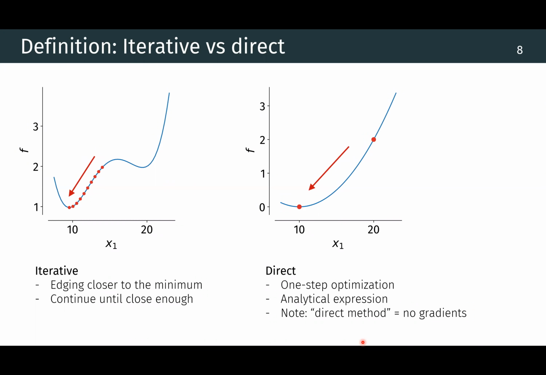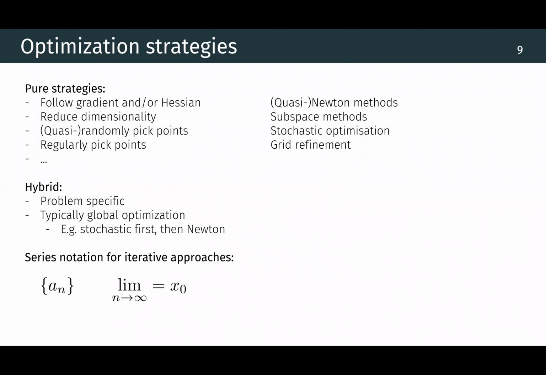All right, so let me start by briefly overviewing what kind of strategies there are. What do people typically do in order to minimize that? And the idea is, I would like to give you an understanding, intuition for which algorithm works for which kind of problem and why.